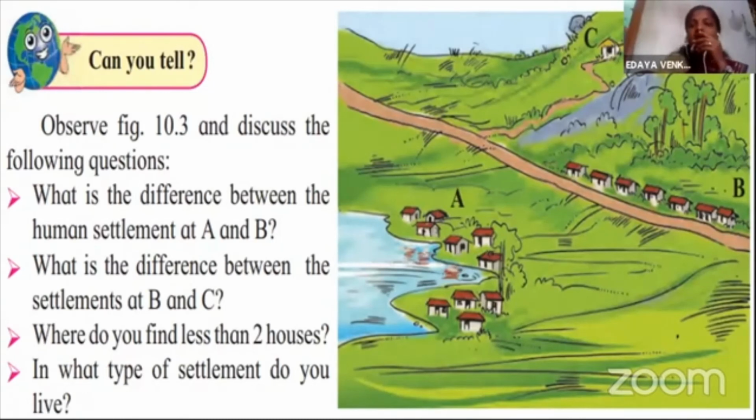Difference means I have to tell the difference. You are exactly right, you are not wrong. Your answer is right. But here I can list the difference as compared to C, B has more settlement or more houses. Got it? Where do you find less than two houses? It's very easy. C, exactly.